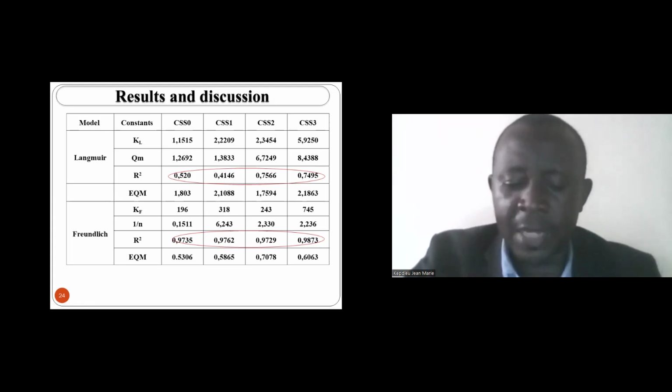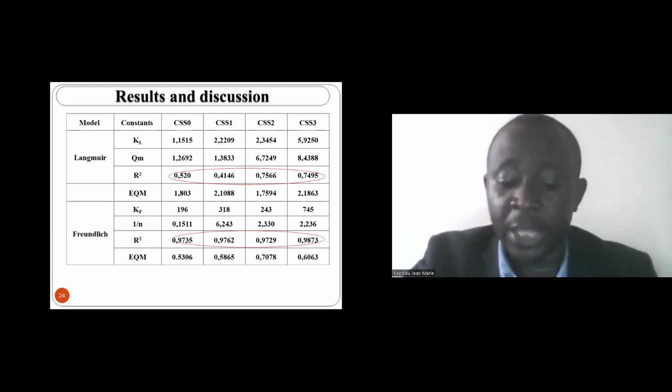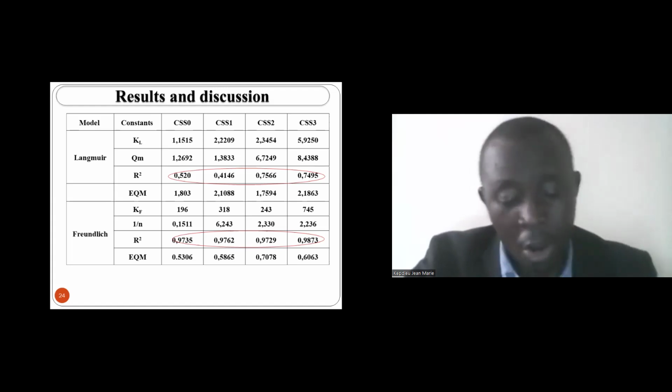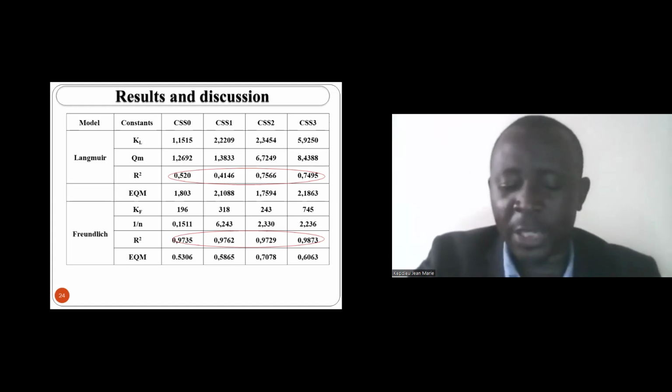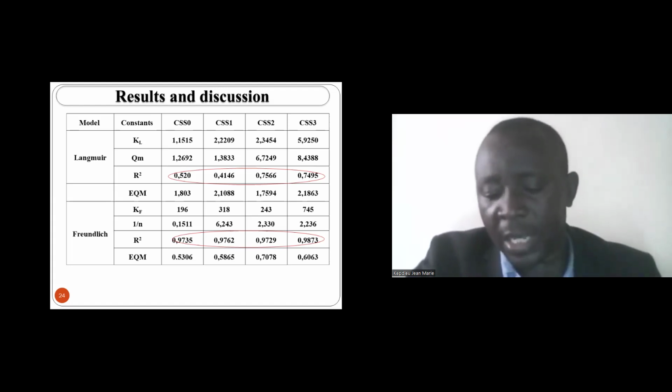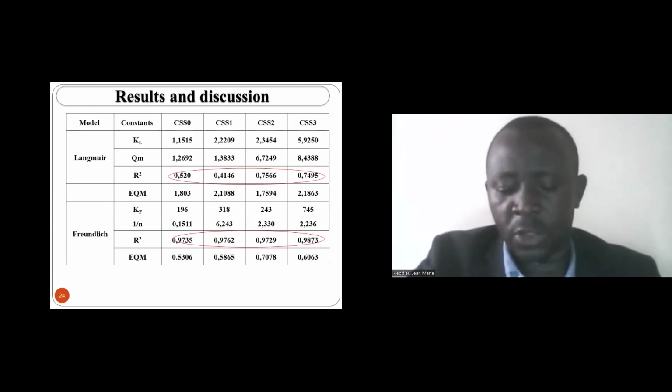This confirmed the heterogeneity of the surface, the occurrence of a heterogeneous distribution of adsorption sites on the adsorbents. It is obviously in good accordance with the diverse structures of the three adsorbents.